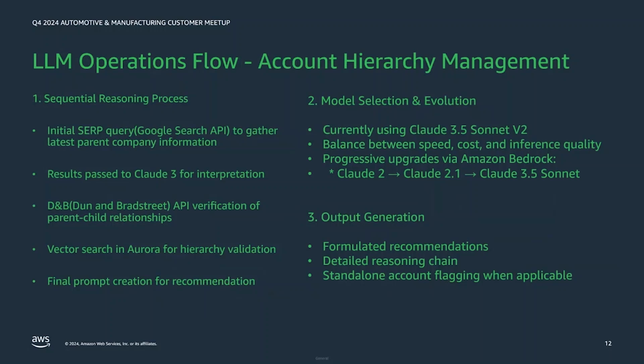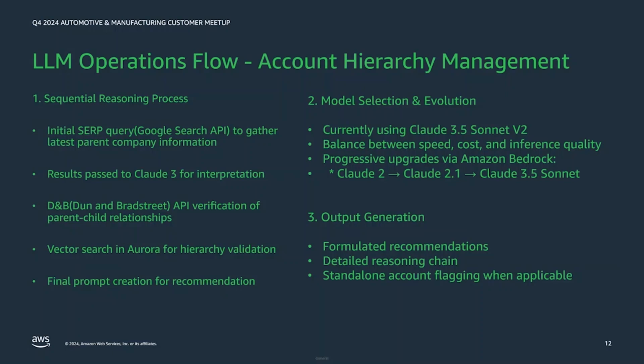There are three sources that we verify this data from. One is a Google search, and this API is known as the SERPer API. This is a traditional Google search API that you can use to find results via Google. So we do an initial search query through SERPer to gather the parent company information of a target account.